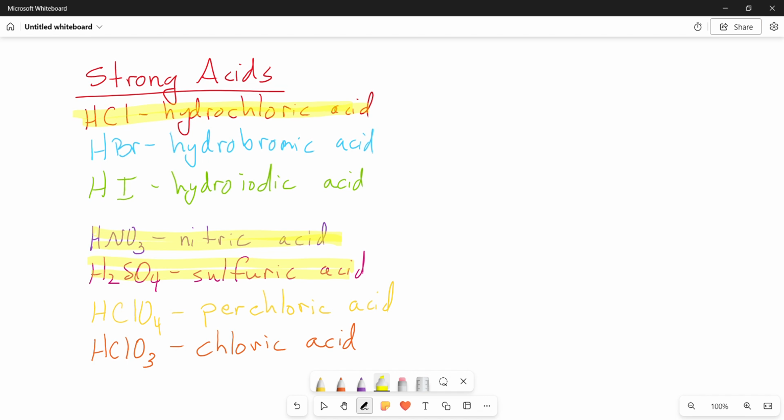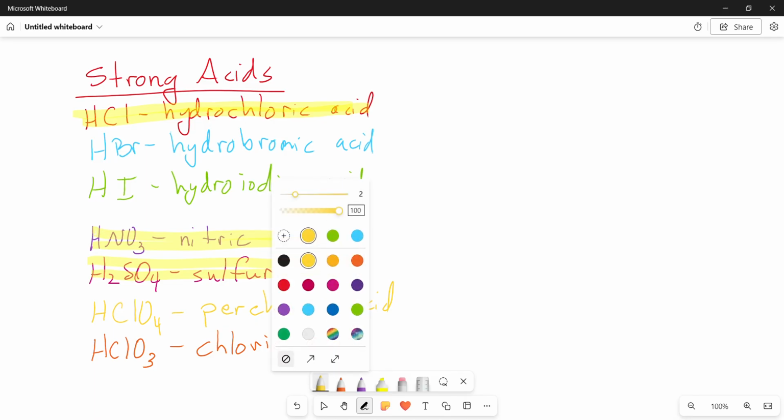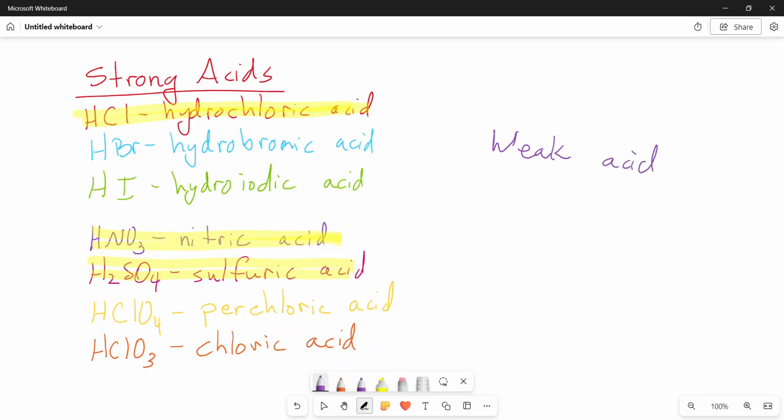They are strong acids. And the important thing to remember is if something is a weak acid, it's not on this list.